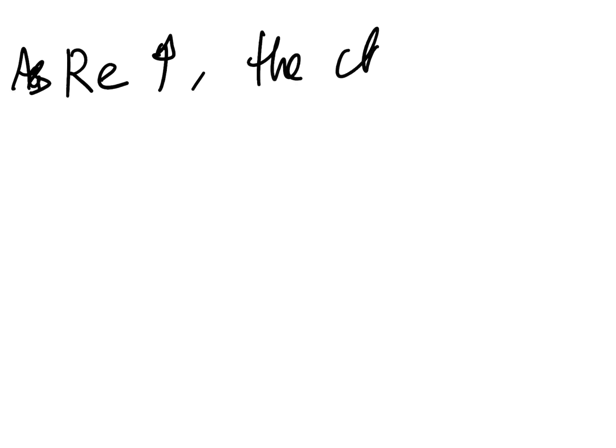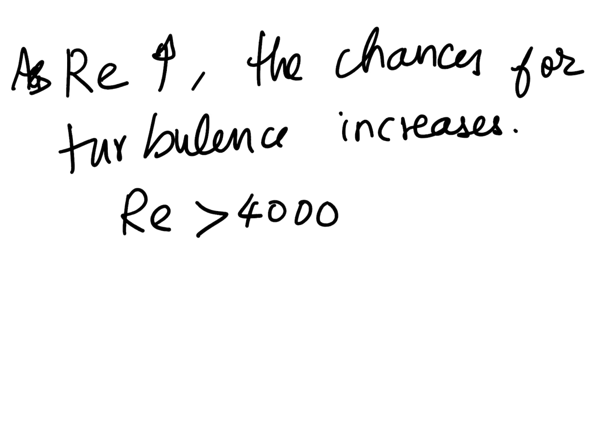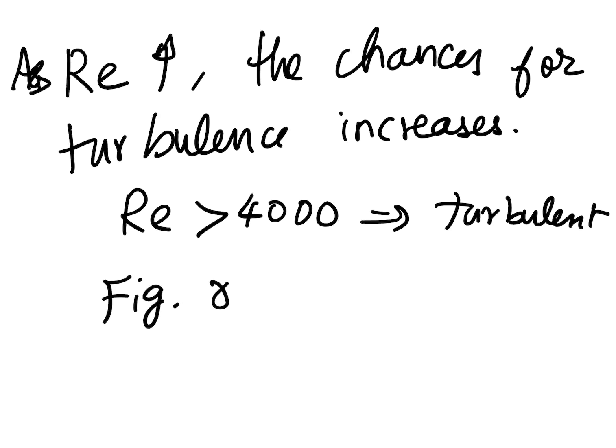But usually there is a transition beyond which it's very difficult to maintain laminar flow, and generally as the Reynolds number increases, the chances for turbulence increase. Beyond a Reynolds number of about 4000, usually the flow is turbulent unless someone takes extraordinary precautions to avoid turbulence, and this is described in figure 8.11.